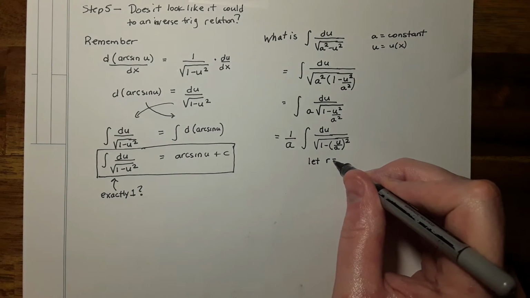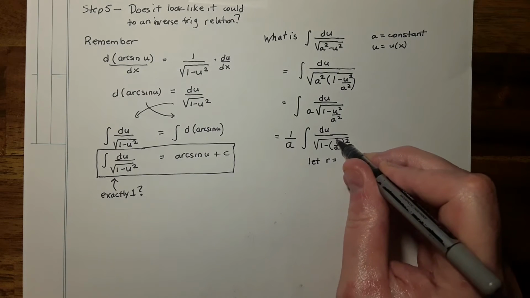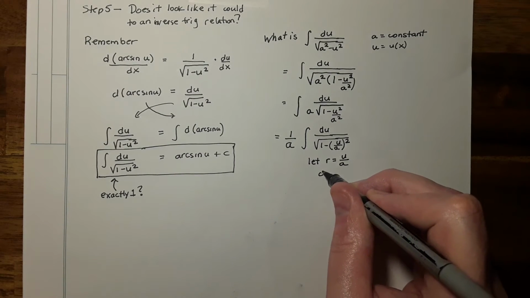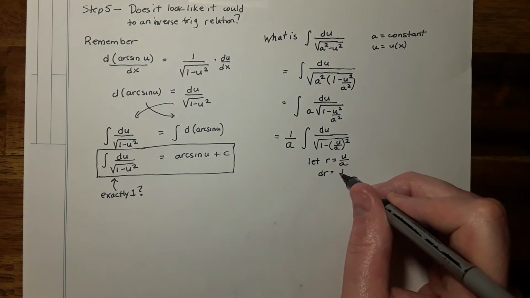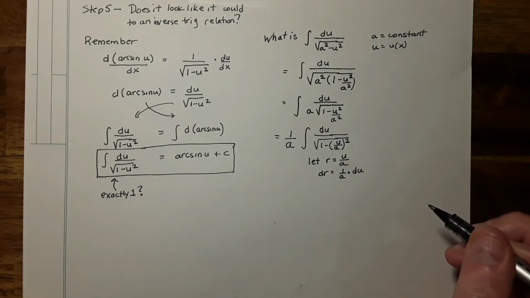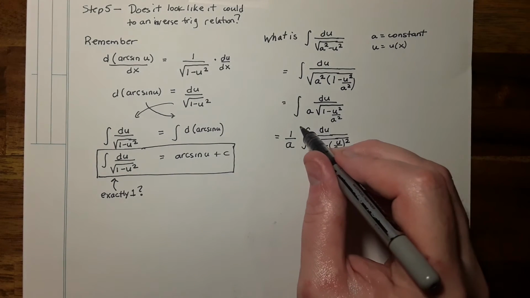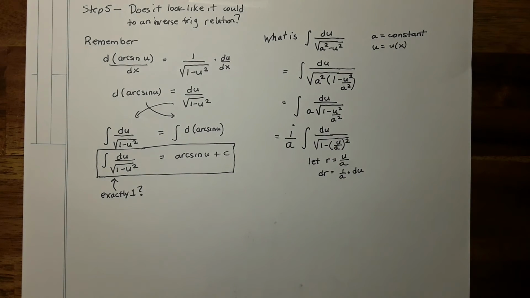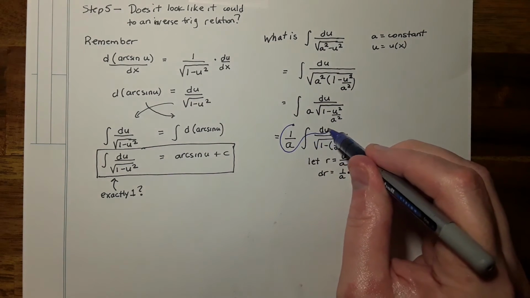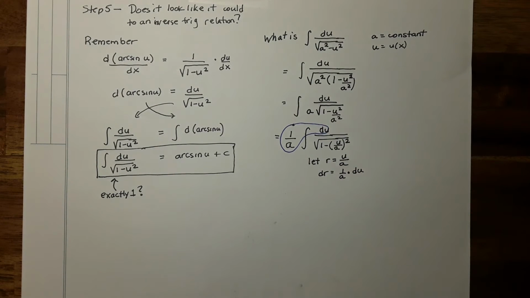If I let r be the relationship that is inside of this bracket, u over a, the differential of that, since a is a constant, I'm going to end up with 1 over a times du. And 1 over a times du is exactly the differential that I've got in this problem.